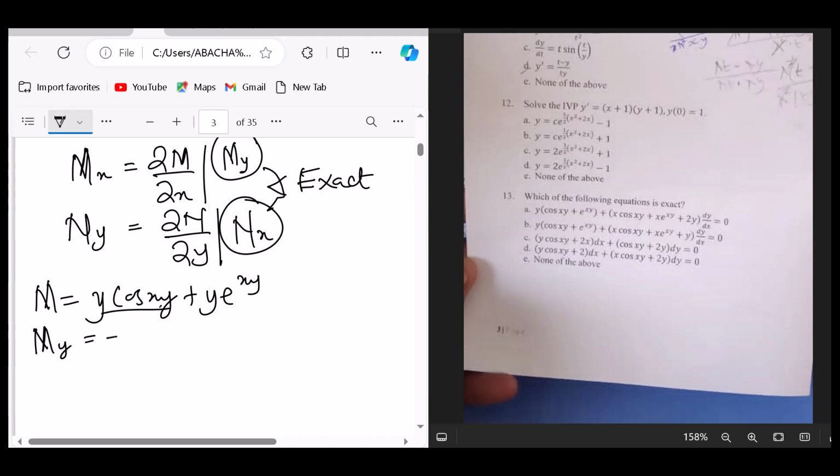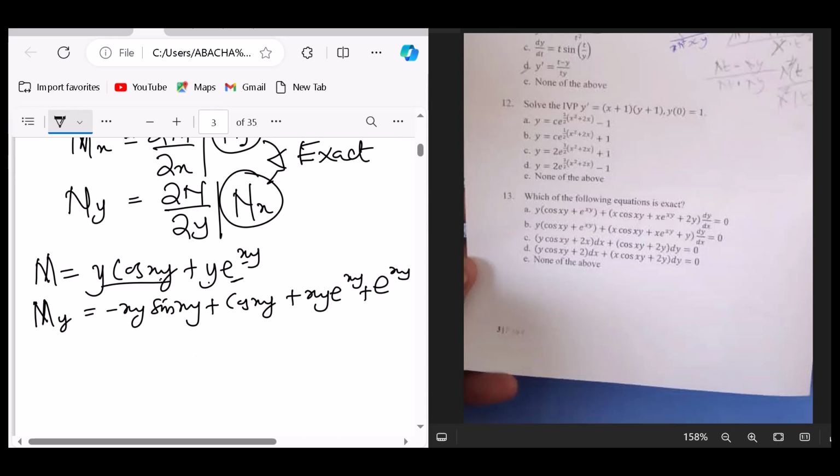So that will be negative xy sine xy plus cos xy plus, here do the same thing, I'm keeping the x here as a constant. So that will be xy e power xy plus, then I keep this and differentiate this, that's just e power xy. So that's the differential for this part.